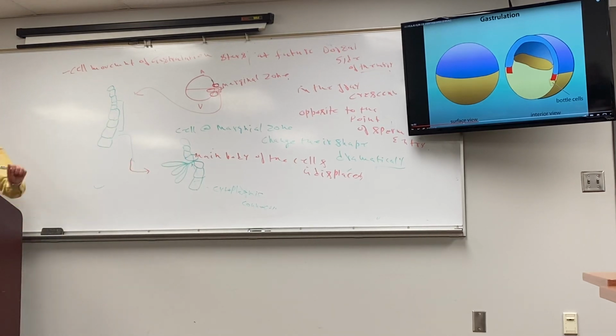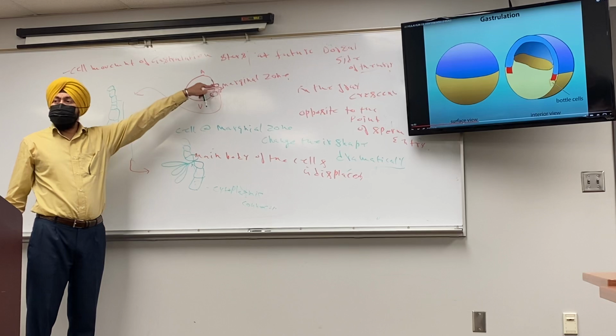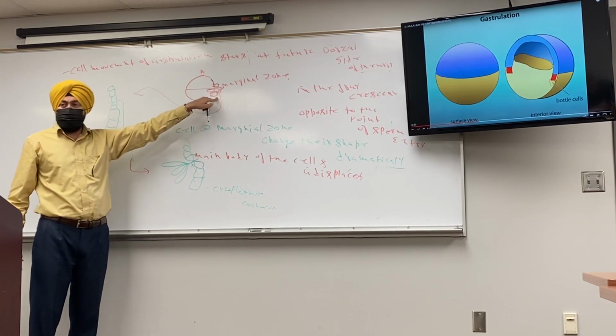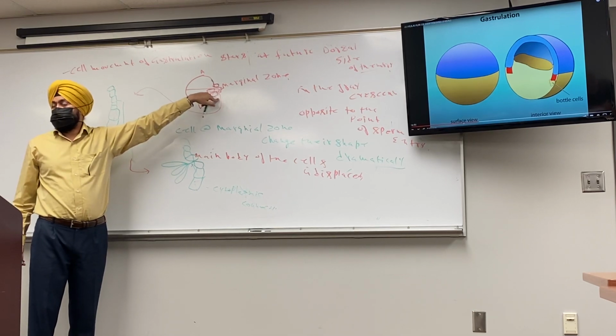Making sense so far? Everyone is okay? So cells of the animal hemisphere have come in contact with cells of the vegetal hemisphere.